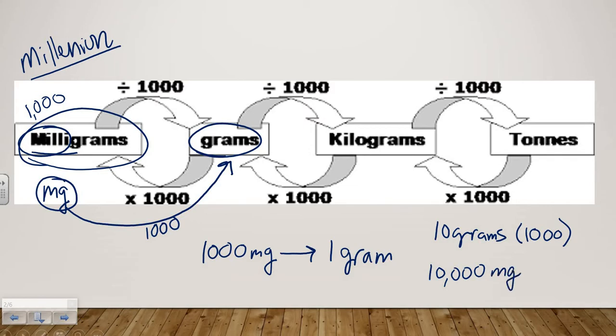So that's a very simple conversion. You need to be familiar that 1 gram of anything, powder, is 1,000 milligrams. Most of our discussions have been using milligrams, but I wanted you to know that conversion just in case you come across that word gram.